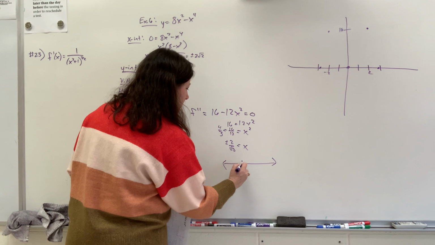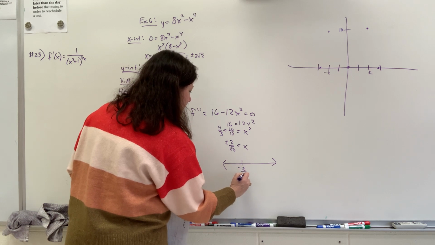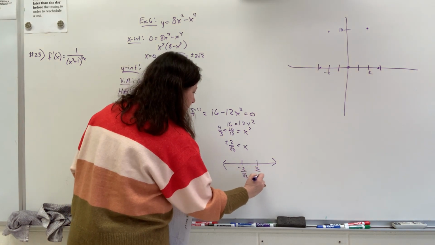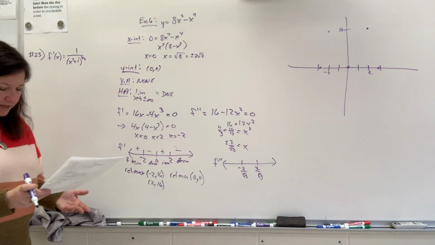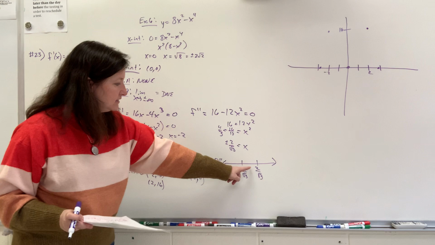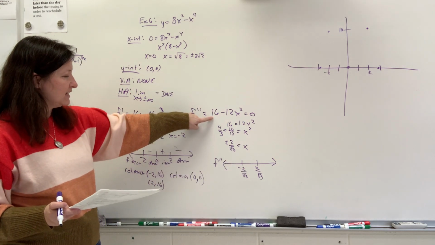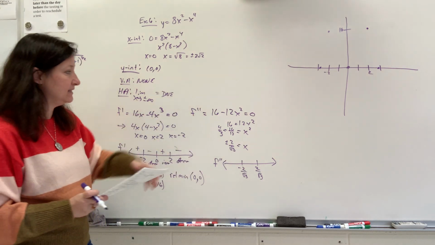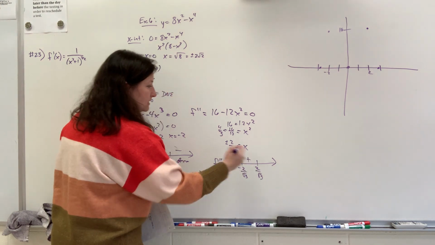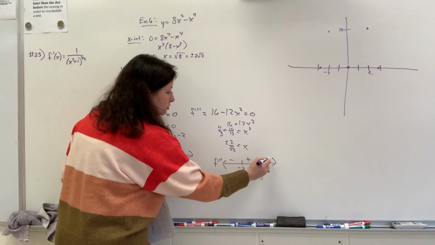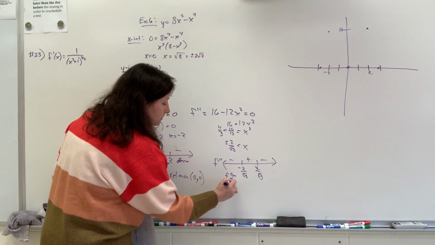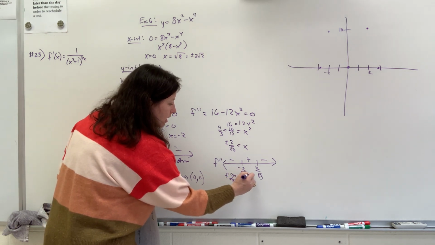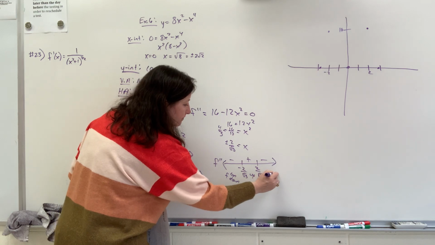So we're going to do our sign test for concavity. So this is the second derivative sign test. So pick an easy number. Easy number to pick is 0 in the middle. Put 0 in my second derivative. What do I get? I get 16, which is positive. These are not double roots, so they alternate. So my original will be concave down, up, down.